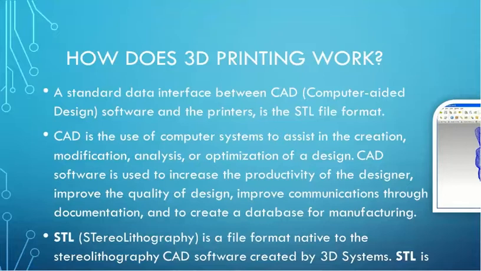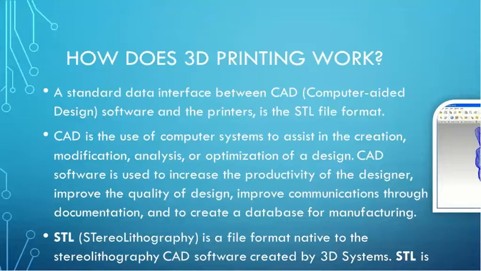In this example, when you want to do a 3D print, the 3D printer reads the .stl file. STL is short for stereolithography, or I'm sorry, the STL file stands for Standard Tessellation Language, which is the language that the printer reads from the computer when it's getting ready to print your design.